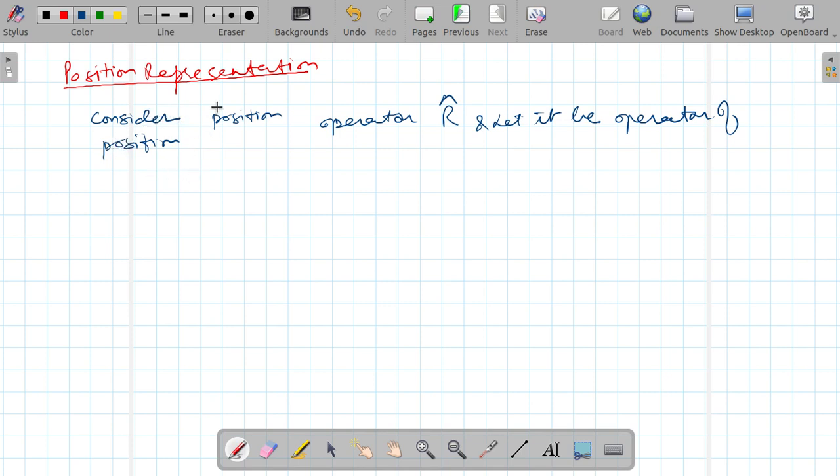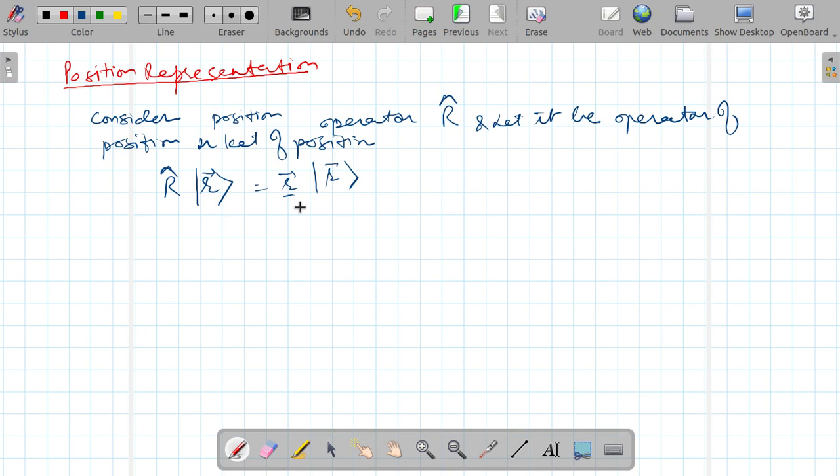Then ket of position. I can write it as: the R operator, when it operates over ket R, gives the corresponding eigenvalue, small r, right?